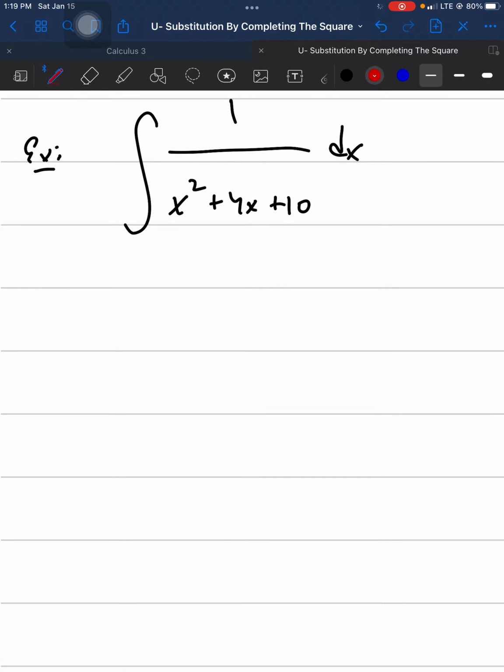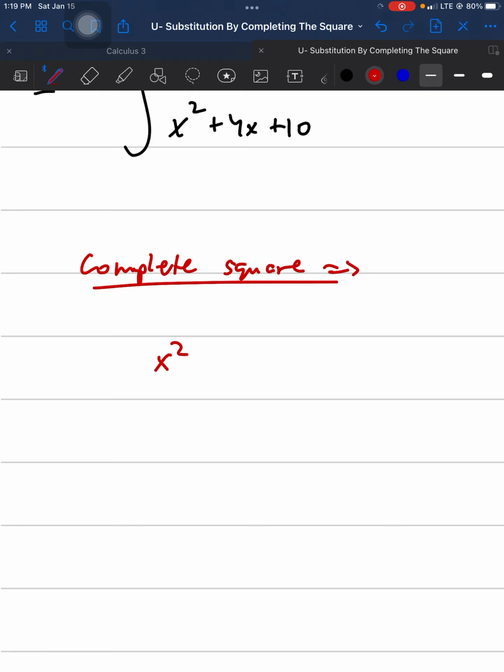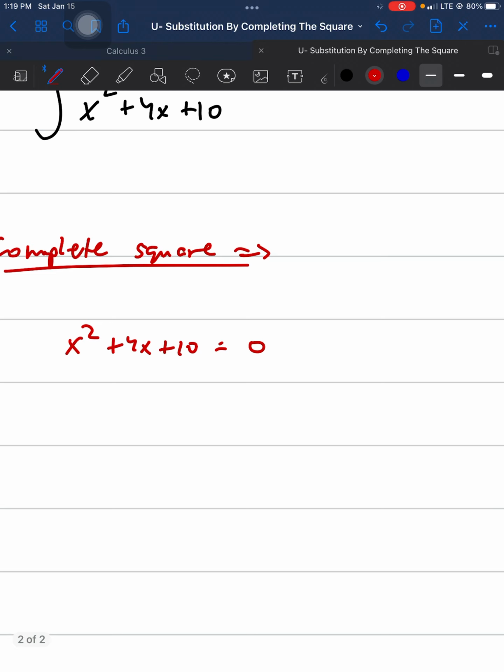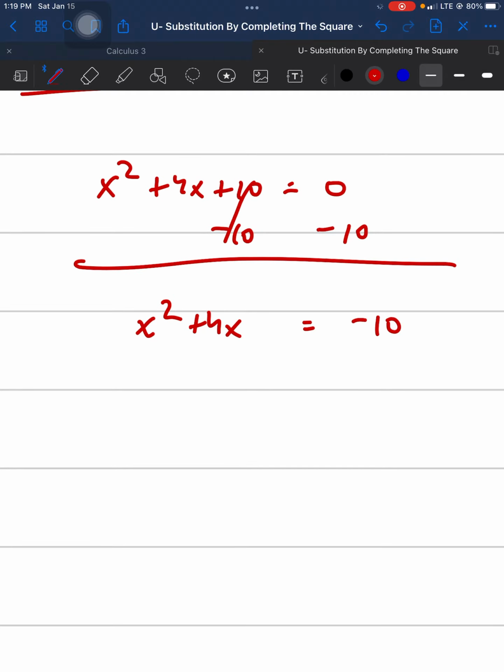Now the first step would be completing the square, right? So what we do for completing the square, we do x squared plus 4x plus 10 is equal to 0, right? Now we subtract 10 on both sides, because we only want this on the left side so we can complete the square. So x squared plus 4x is equal to negative 10.